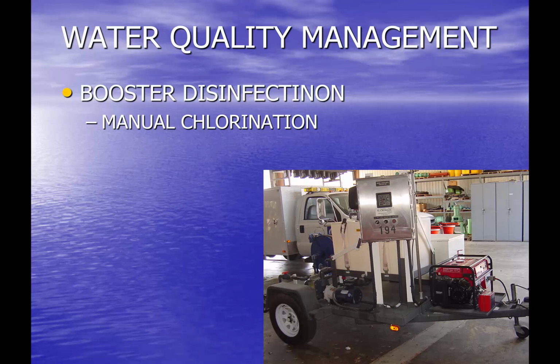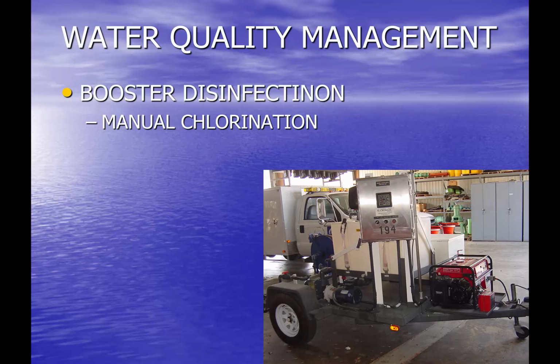So we would lower the level and then start a fill cycle. As we were pumping the chlorine into the pipe as the water was flowing in, we were getting a far better mix than when we were simply dumping the chlorine through the hatch at the top of a reservoir.